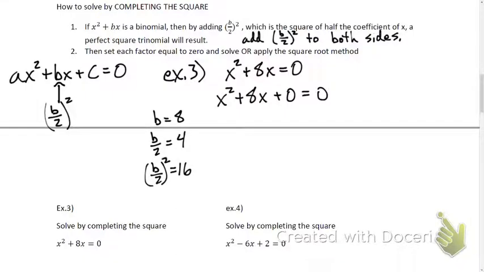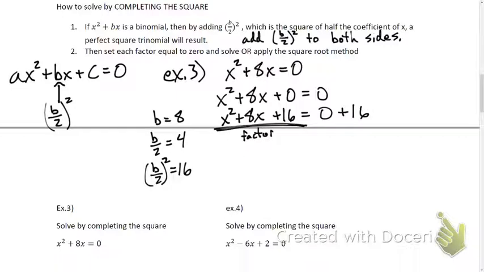So look at step 1. Look at what I added to the description. No pun there. I need to add 16 to both sides. So I have this right now. I need to add 16 to both sides. And now I have a really nice situation that I can factor. I want to factor this right here.